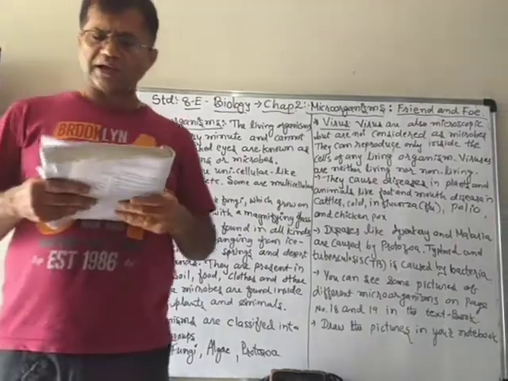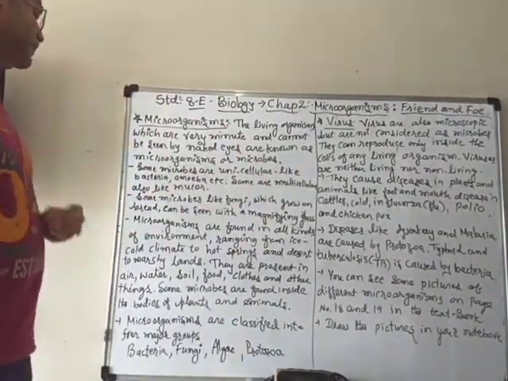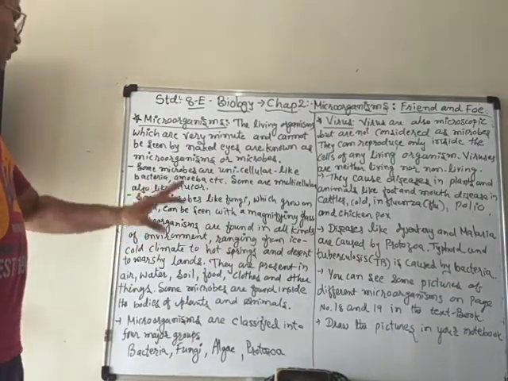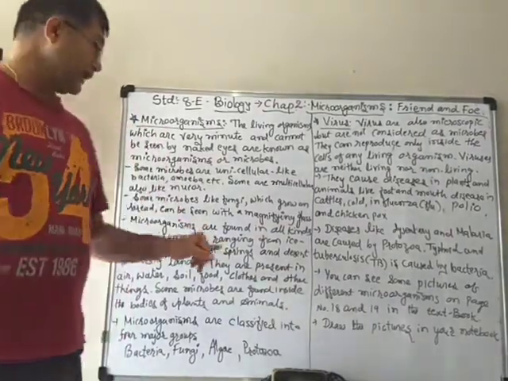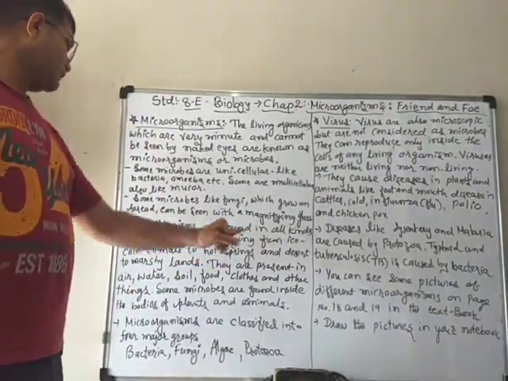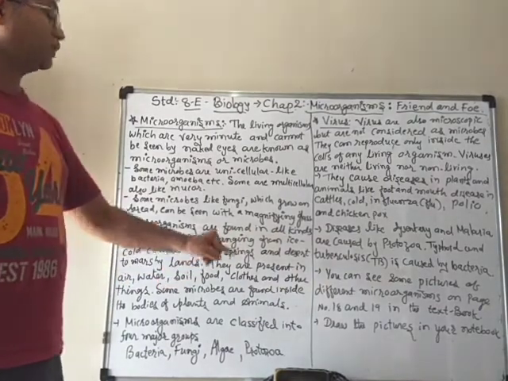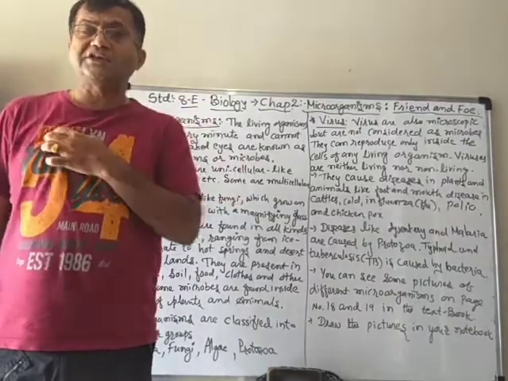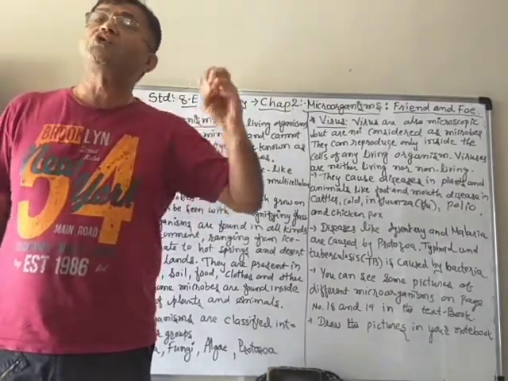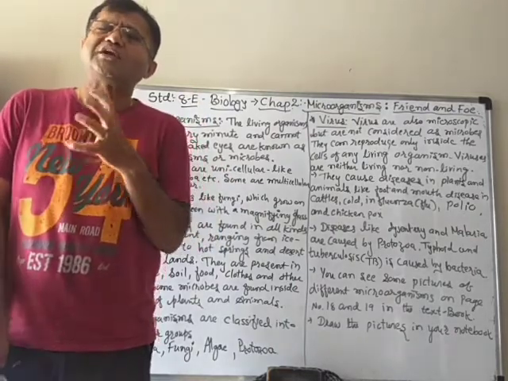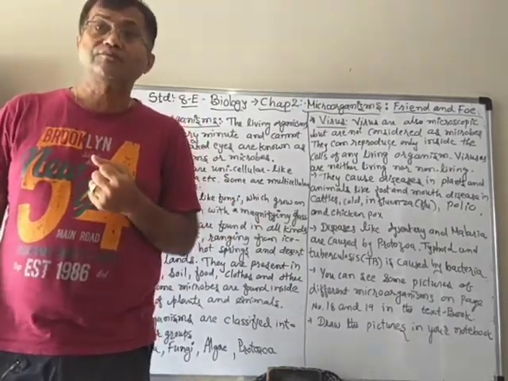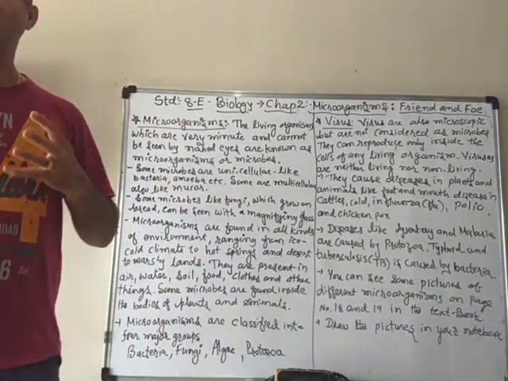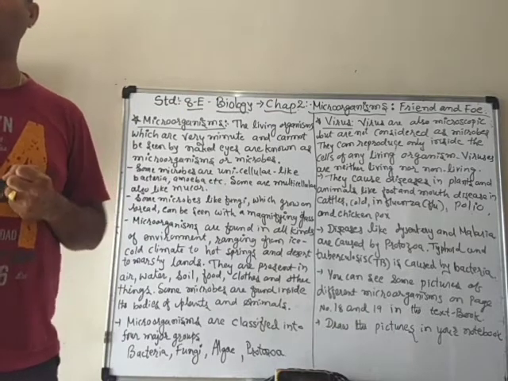Now, as I told you, microorganisms are found in all kinds of environments, ranging from ice-cold climates, like in the polar region, where it is so cold we can't even survive, to hot springs, where the water is very, very hot, boiling water.